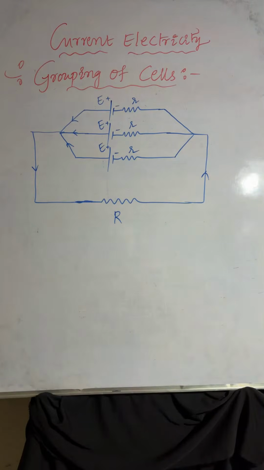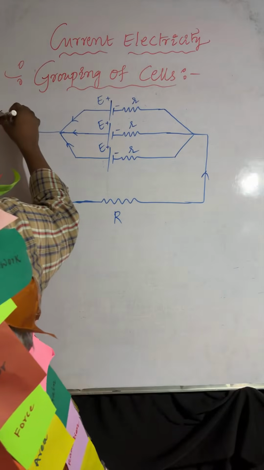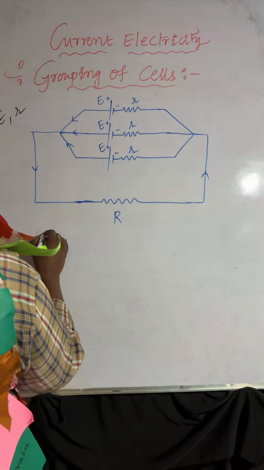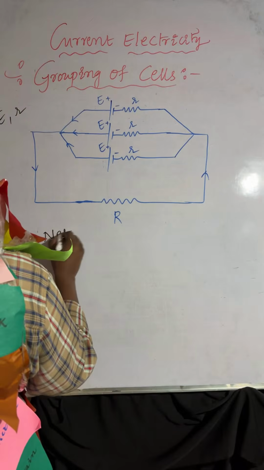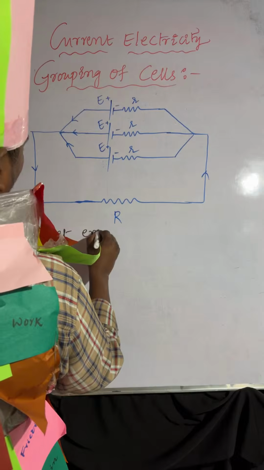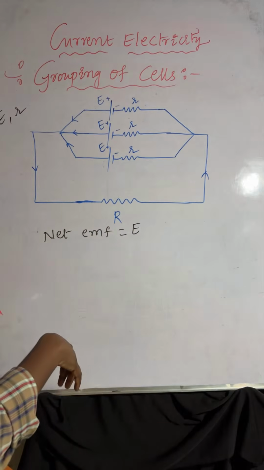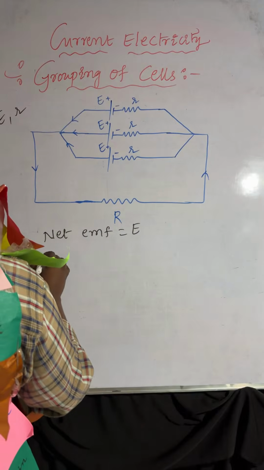E and R of each cell is the same. Then net EMF equals E, because in parallel combination EMF is the same.